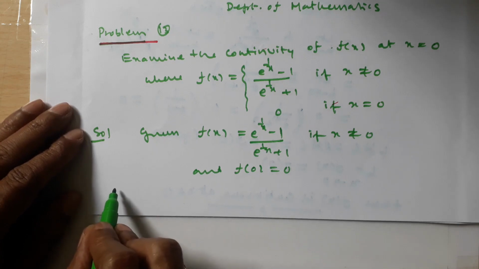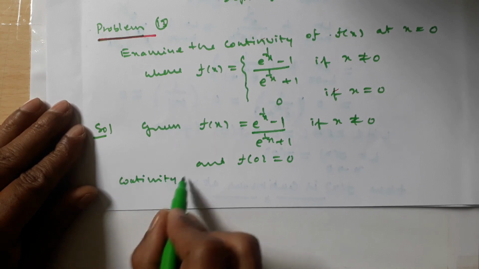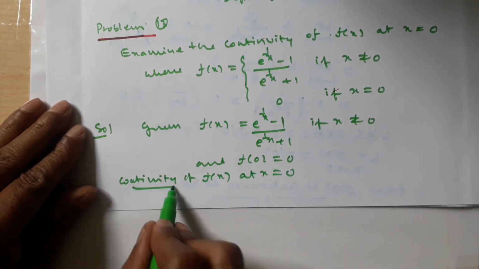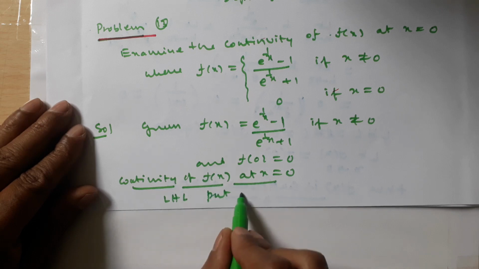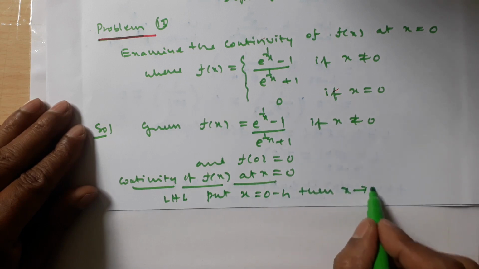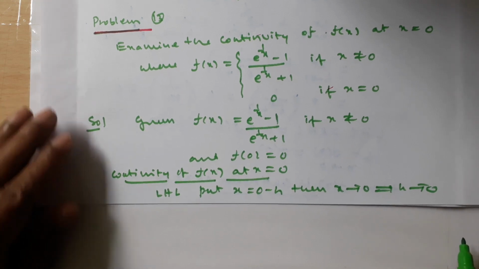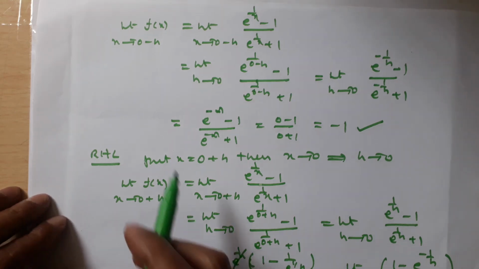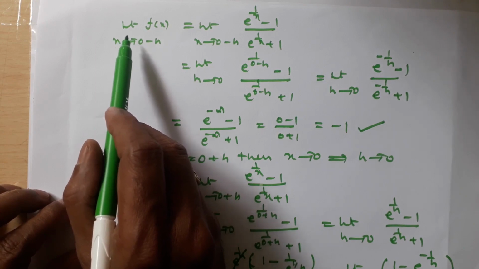Next, continuity of f of x at x is equal to 0. LHL: put x is equal to 0 minus h, then x tends to 0 implies h tends to 0. The procedure is the same for all these problems, so once again I will explain this. Apply the limit, the LHL value.